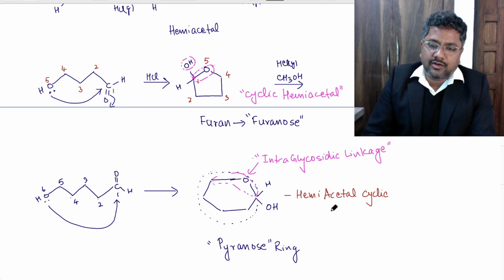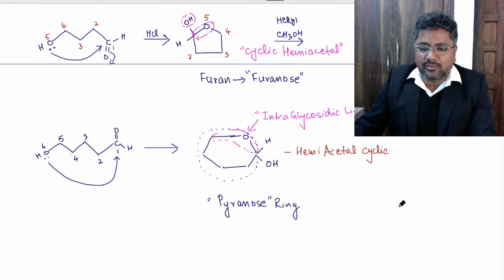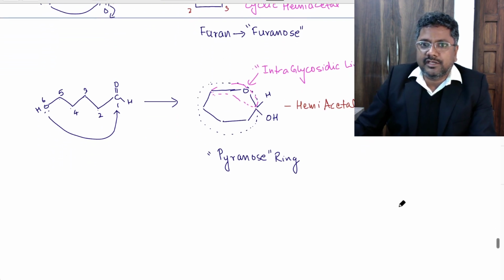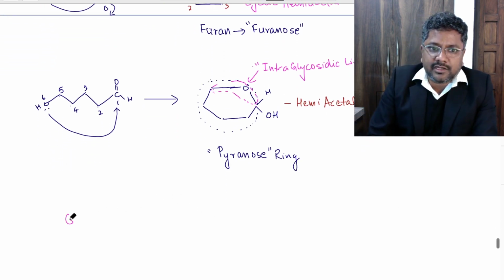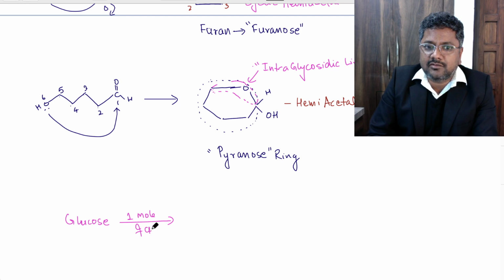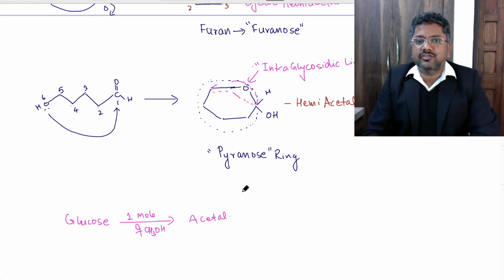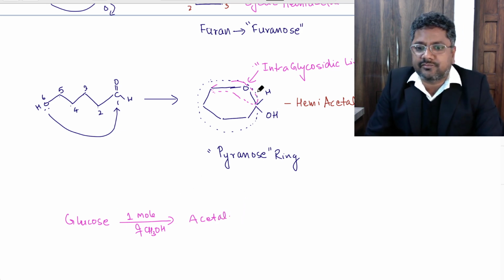So now it is clear to all of you why this glucose molecule, suppose that now you are given glucose and 1 mole of methyl alcohol, and you get complete acetal, means glucose exists in this cyclic form, right?